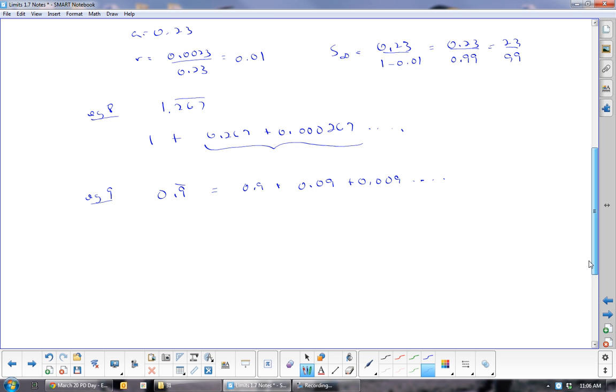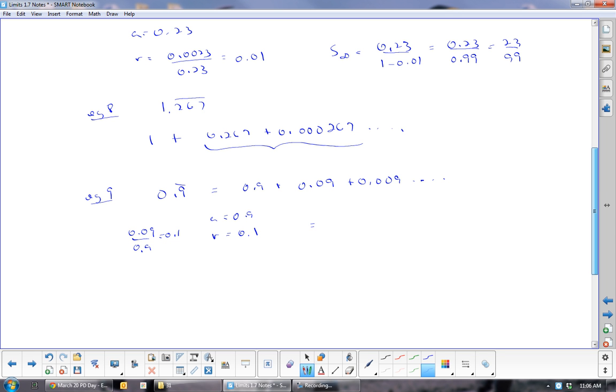So a equals 0.9, r equals 0.1. And if you're wondering, do you just look at it and get that? No, you can go 0.09 over 0.9, and it will give you 0.1. That's why writing them out gets your bearings.